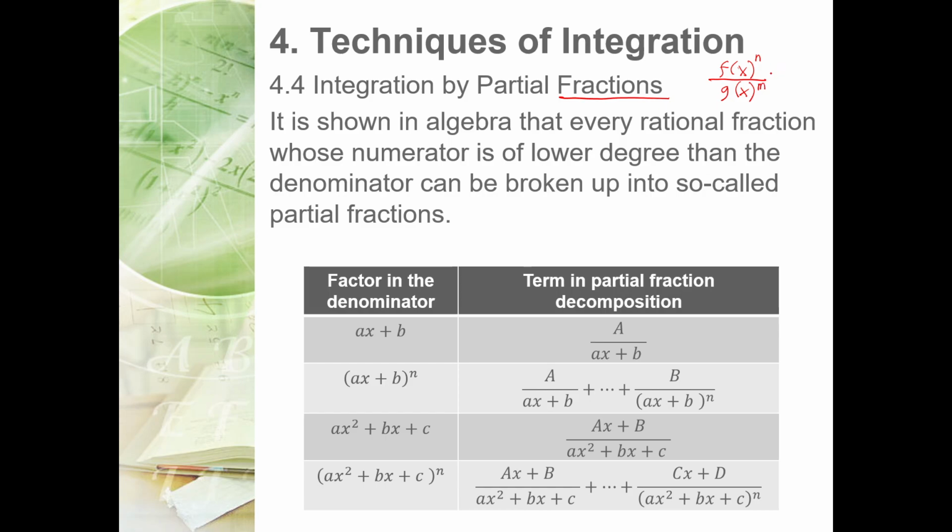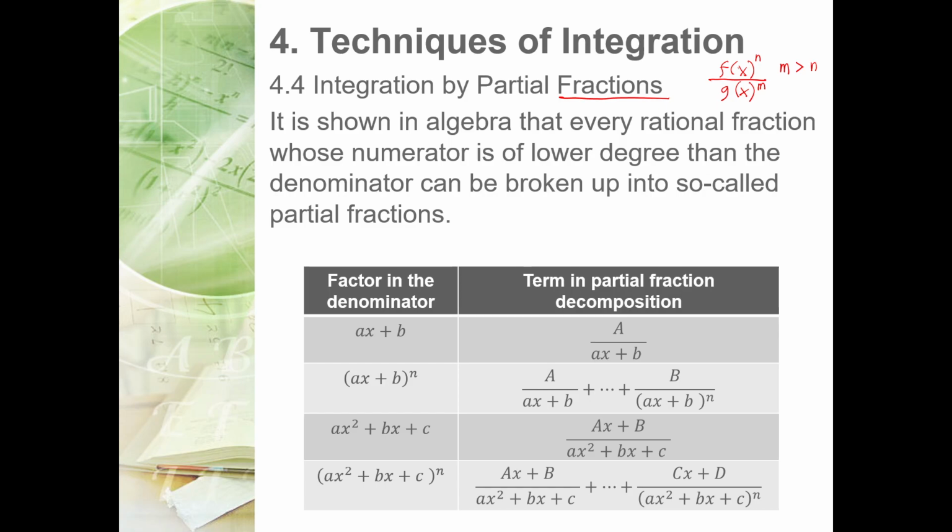It's considered a partial fraction because the exponent in the denominator is greater than the numerator. That is always the case for partial fractions, meaning you cannot do long division on these types of fractions. So you have to use another method, which is called partial fractions or partial fraction decomposition.